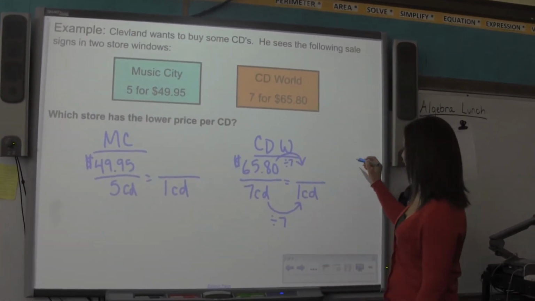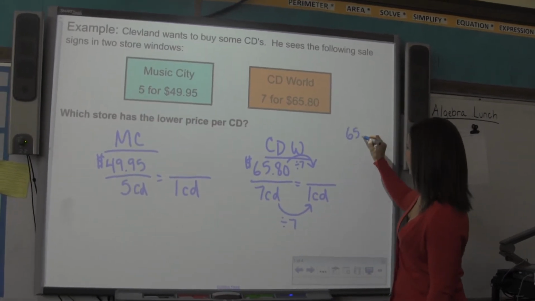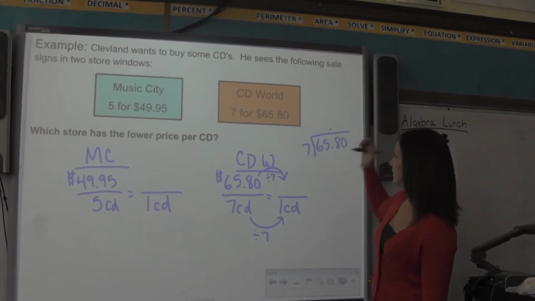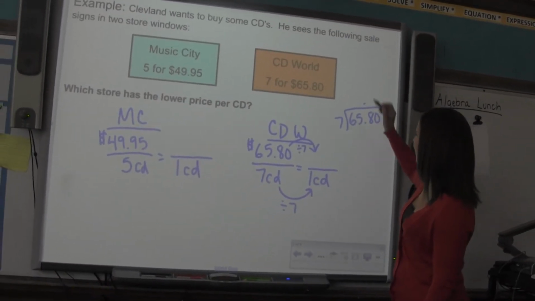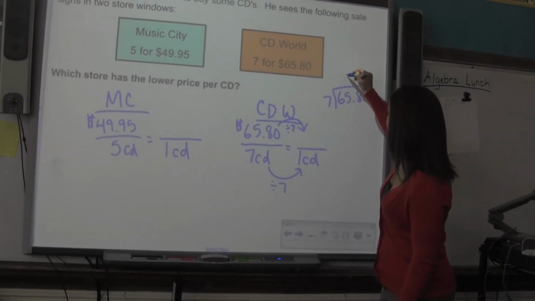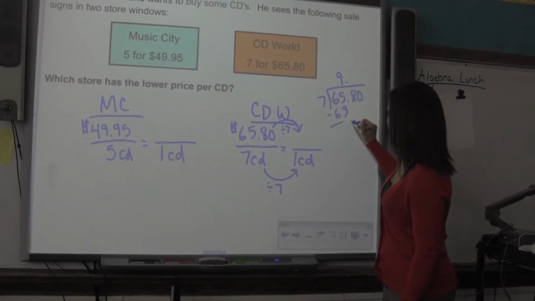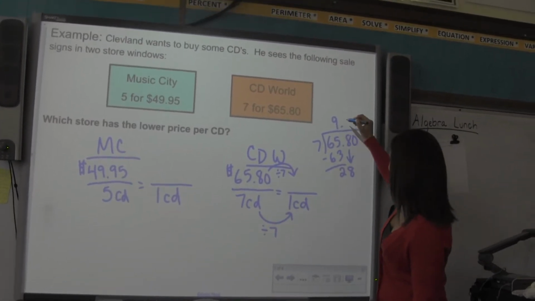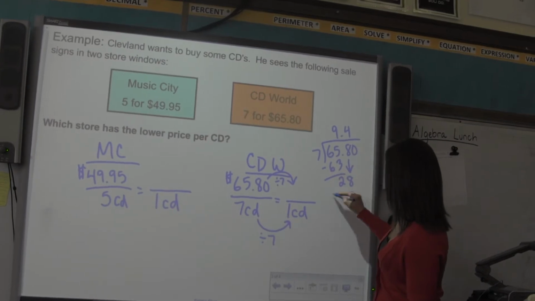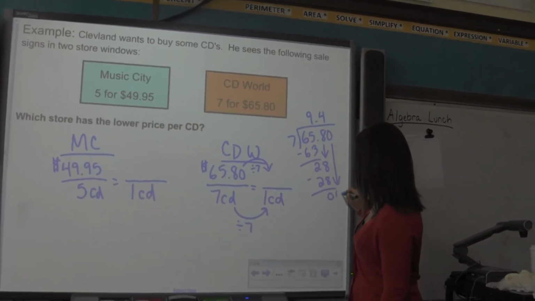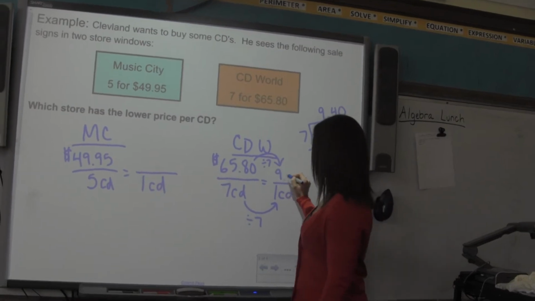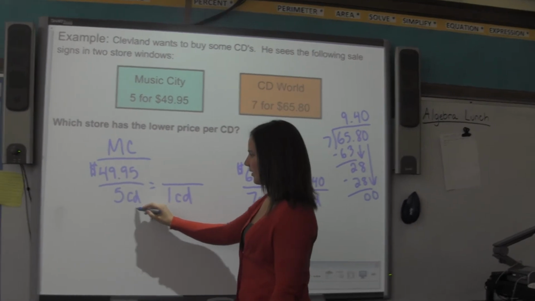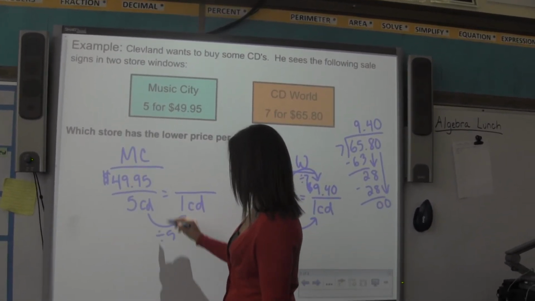And I can't do this in my head, so I'm going to do it over on a scrap piece here. 65.80 divided by 7. 7 goes into 65, let's see, 9 times, and that's 63. 7 goes into 28 4 times. $9.40 per CD. On this side, I'm going to divide by 5.